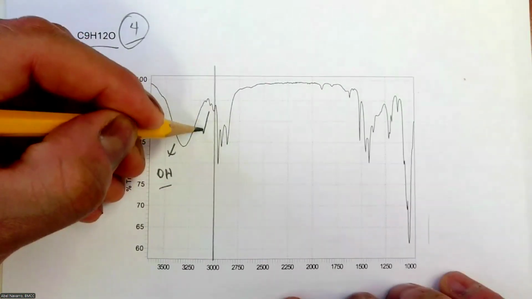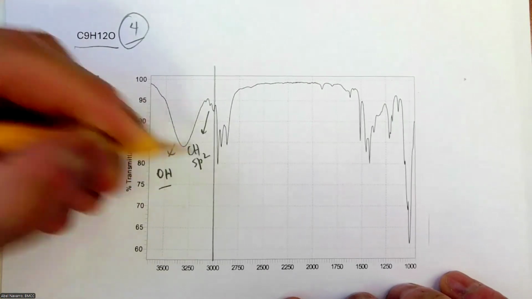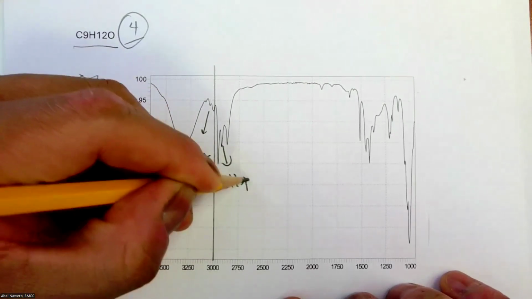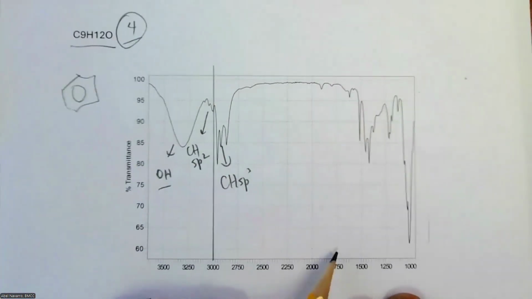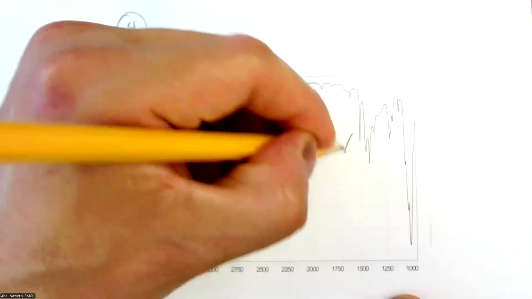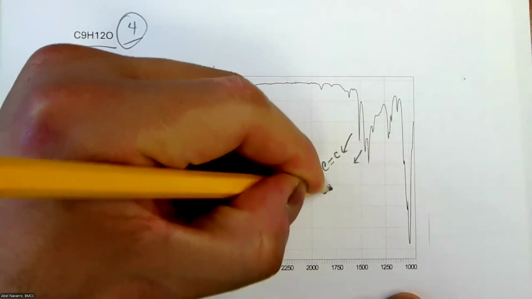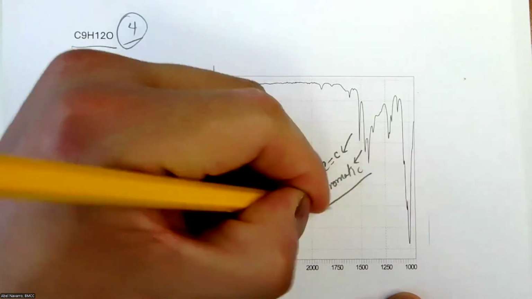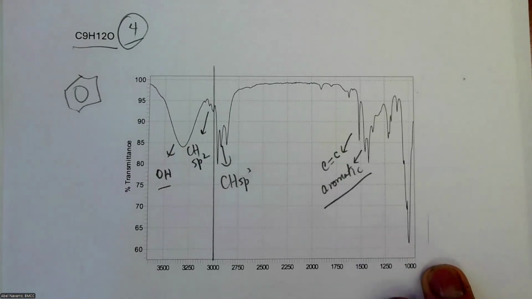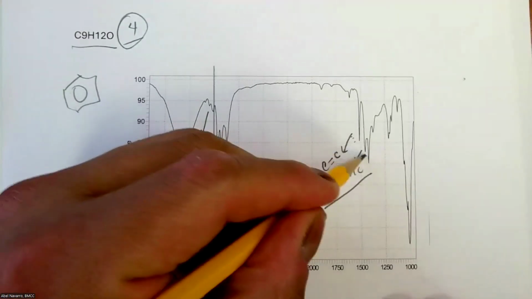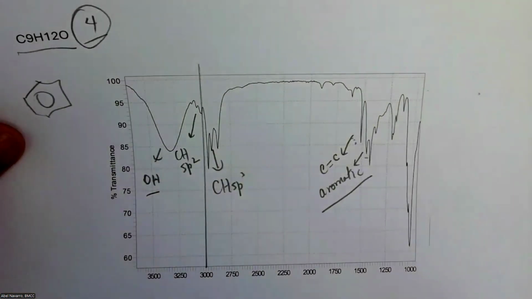Okay, so I have CH sp2 and CH sp3. I don't have COOs, but I do have the aromatic. Remember the aromatic peaks? C-H aromatic and C=C aromatic, those two. Great.